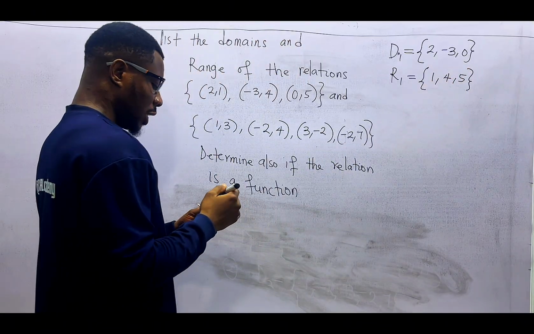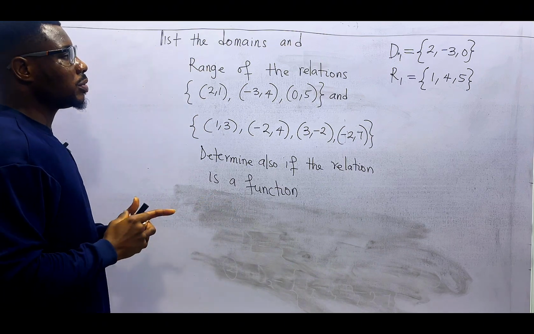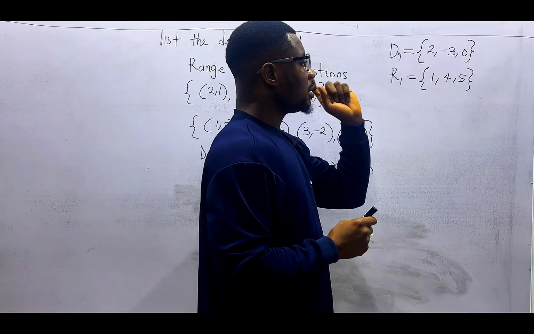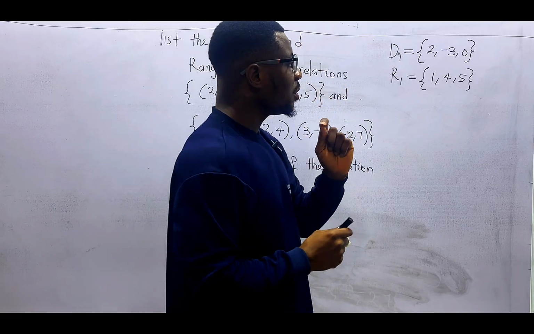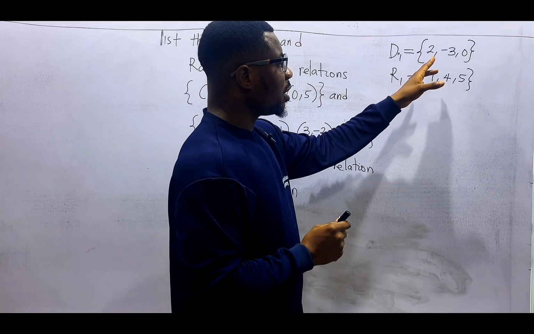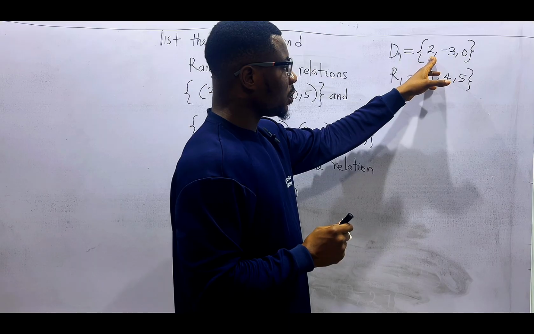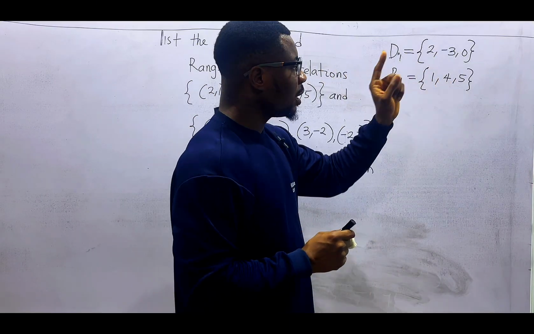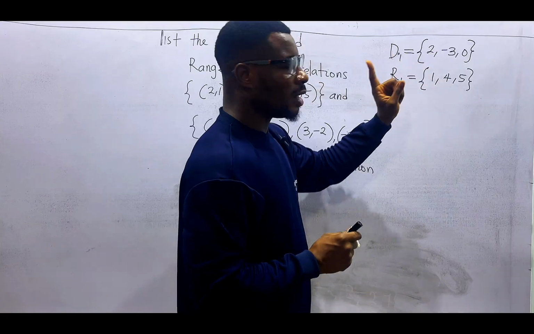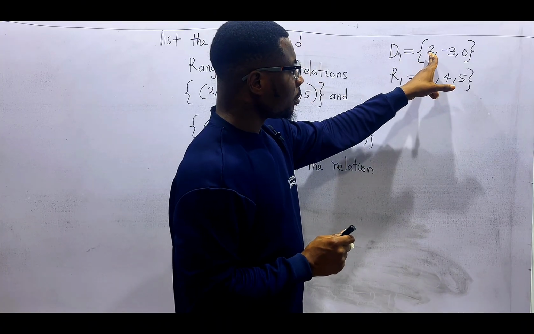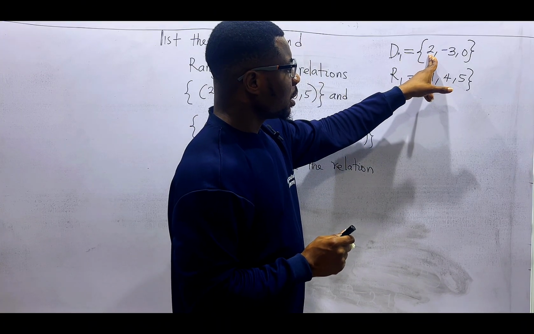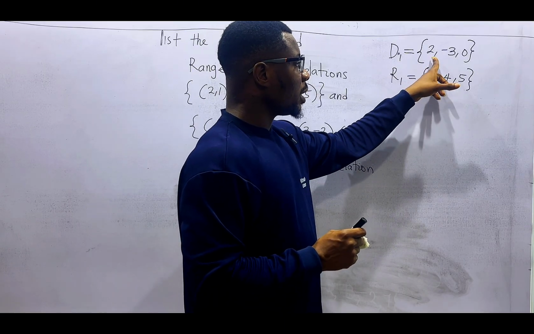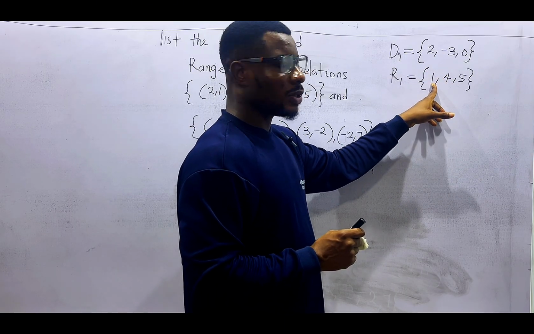Now if you check the first relation, you would see that there is a specific image for every input. That is, for every element of the domain that you have here, it has a specific image: one element on the inputs, one element on the output.